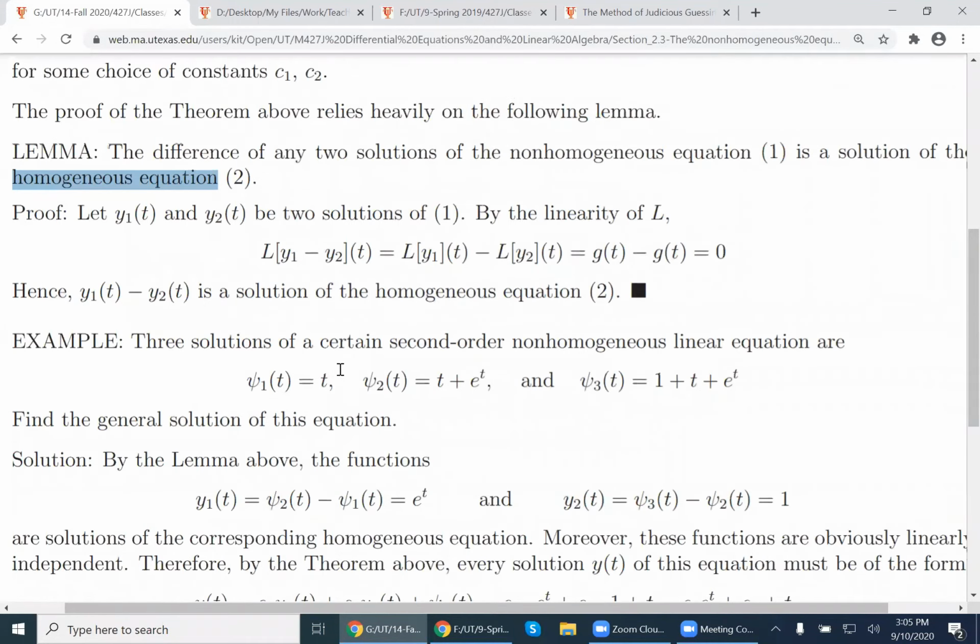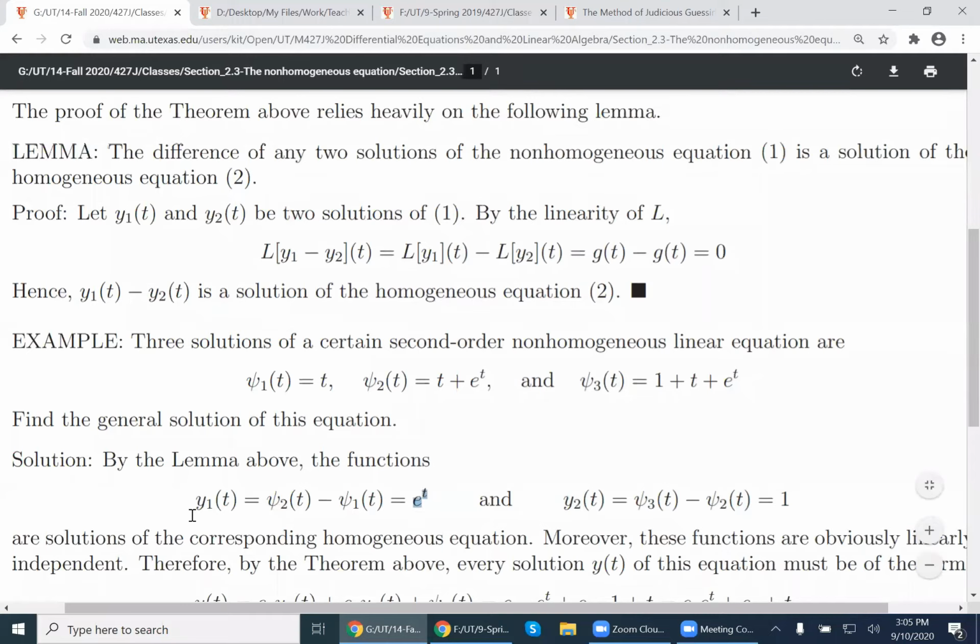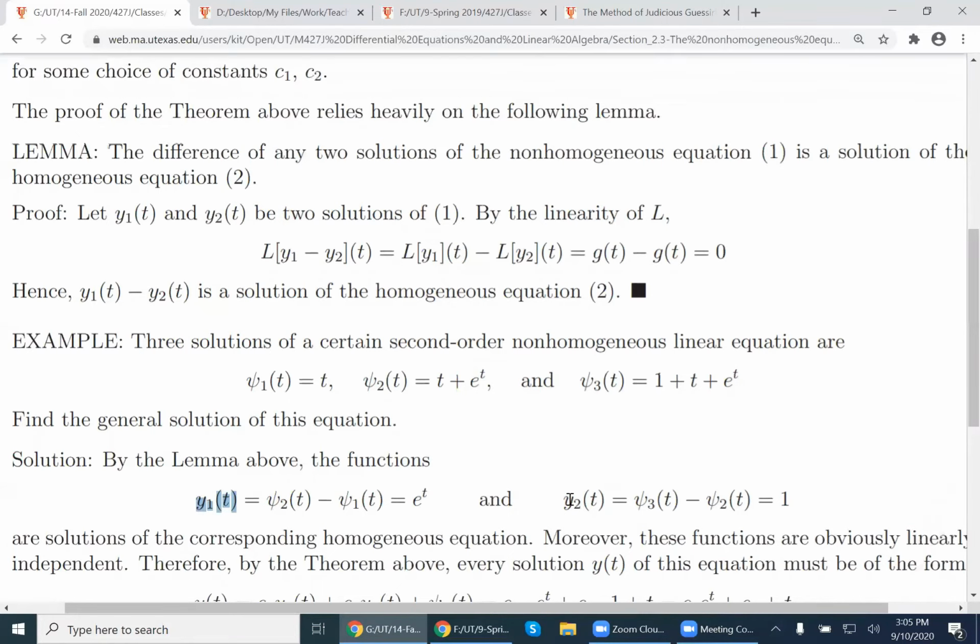So let us find the difference of, say, psi1 and psi2. It's over here. This minus this is e to t, and by this lemma, e to t is a particular solution of the corresponding homogeneous equation.